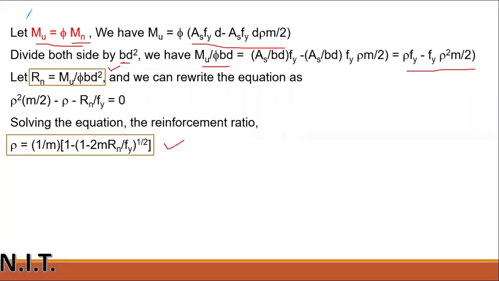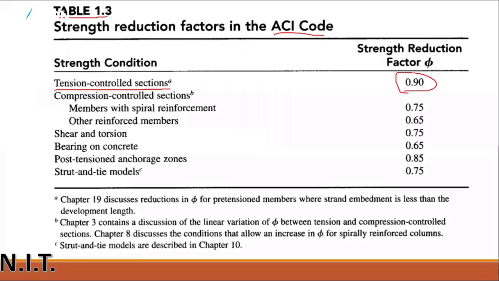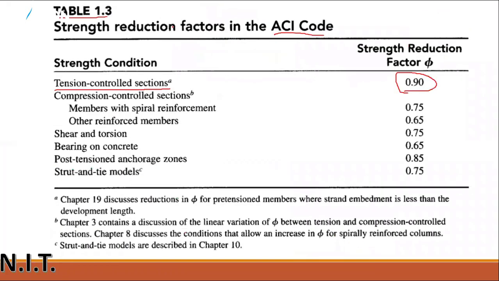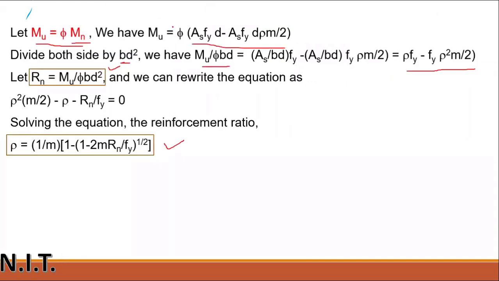So these are the formulas which we will use: the reinforcement ratio is calculated by this formula, Rn by this formula, Mu should be less than or equal to phi Mn, the Mn formula is this one, the area of steel is rho b d, and the steel reinforcement ratio is this one. All these are the different formulas which we will use in problem solving.